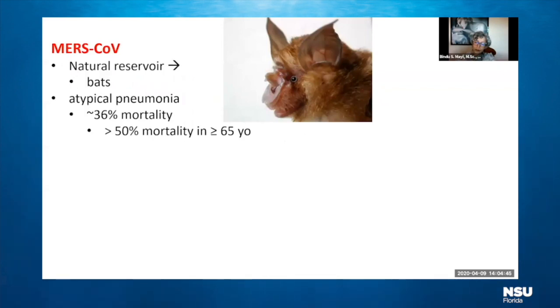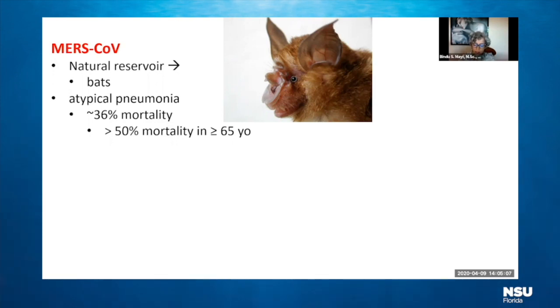The next notorious coronavirus member that burst onto the scene was in 2012, and that was the Middle East Respiratory Syndrome coronavirus. So that's the MERS coronavirus. The natural reservoir in this case was also bats. This also caused atypical pneumonia, which is what SARS did. And the mortality rate for this was a little bit higher.